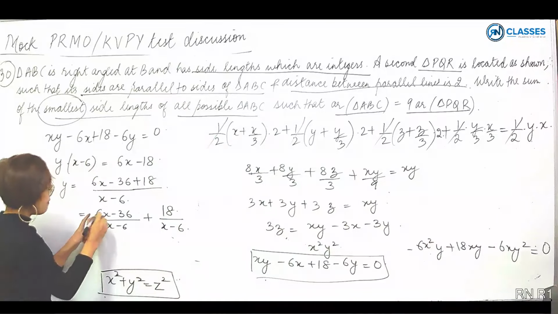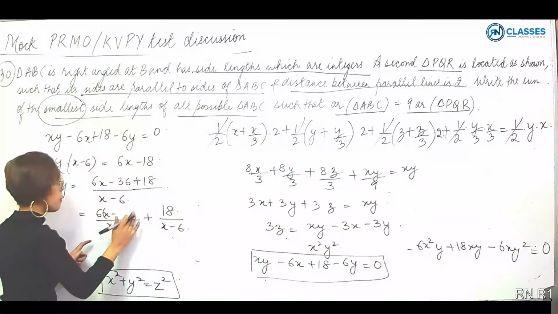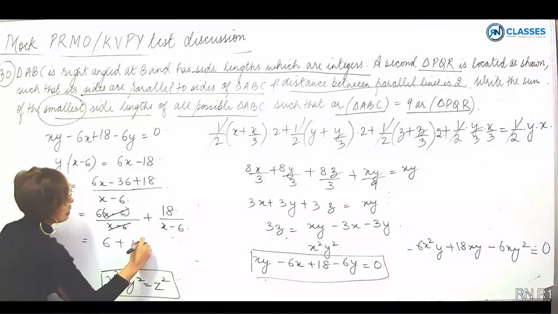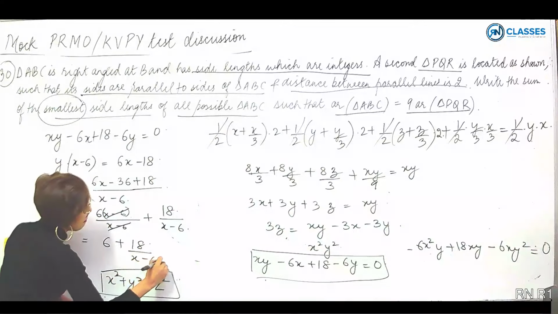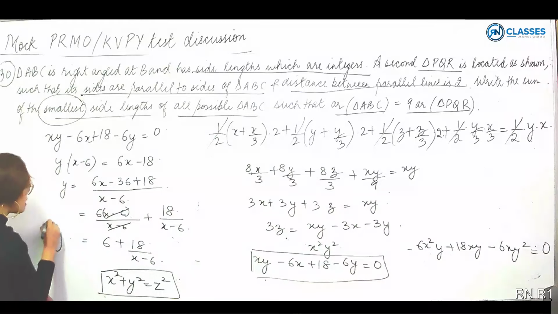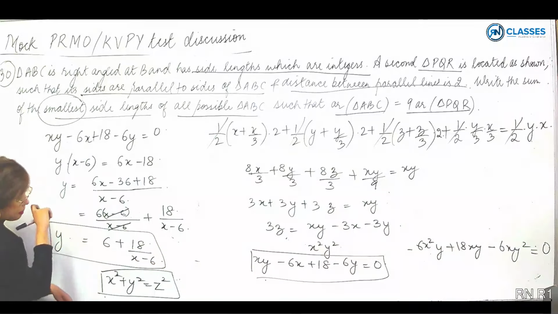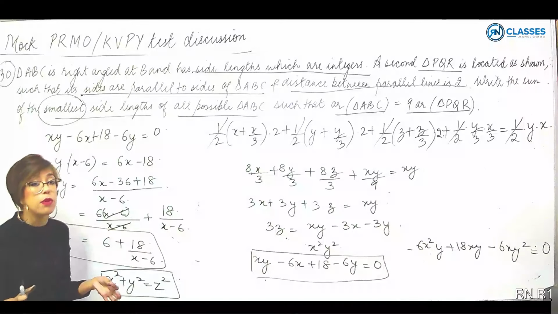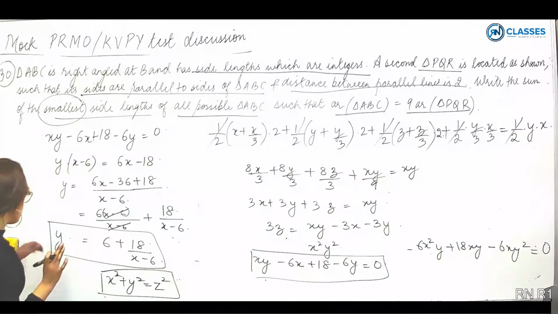You can see, if I take 6 common, this is 6 into x minus 6. This will get cancelled. I will get 6 plus 18 by x minus 6. This is my y. And since the variable is in just one position, it is easy to see where to stop the process. So let me see that.